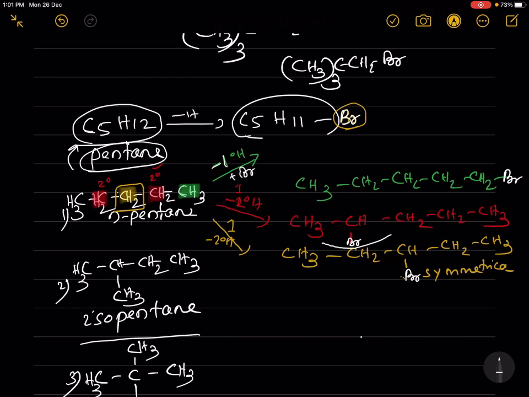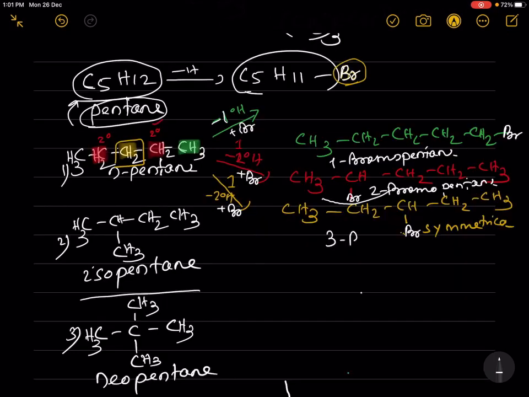Here also same story, here also same story. So you are getting 3 types of pentyl bromides. This is 1-bromopentane. This is 2-bromopentane. The last one is 3-bromopentane.